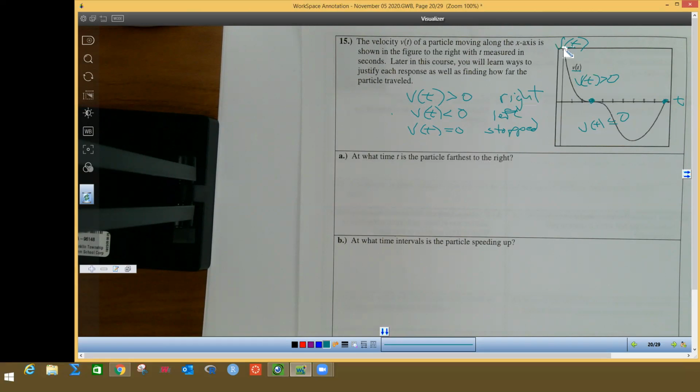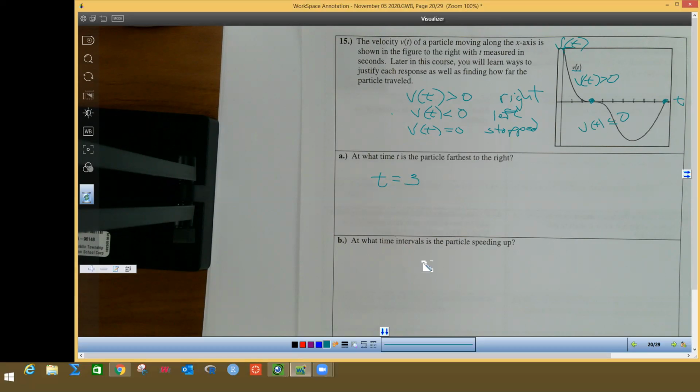It starts somewhere and it's moving right, stops, starts going left, stops. So at what time will the particle be furthest to the right? t equals what? I'm going to call it 3. Because even though it stops, it's still the furthest right.